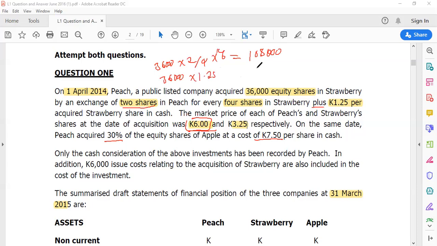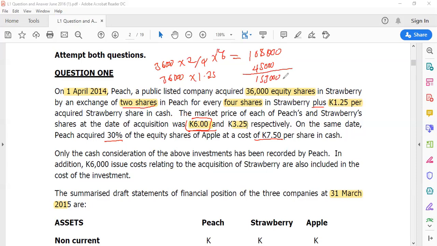So what is the total there? It's 45,000. You see? So the total consideration this guy paid is how much? When you add the two, 153,000. That is the total consideration.